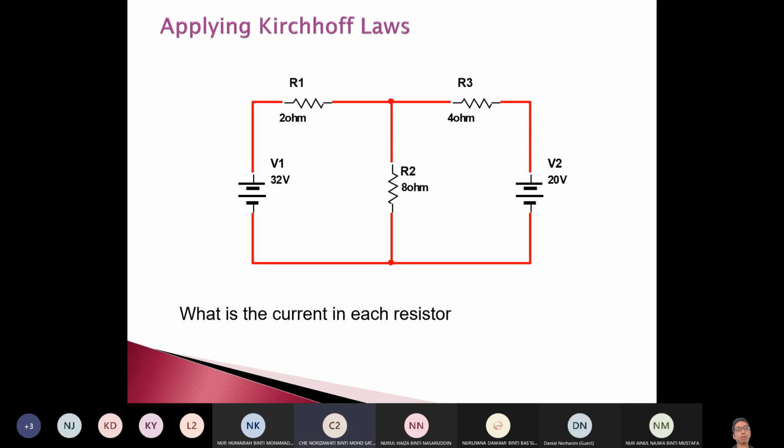So what would be the current? We have here I1, I2, and I3.